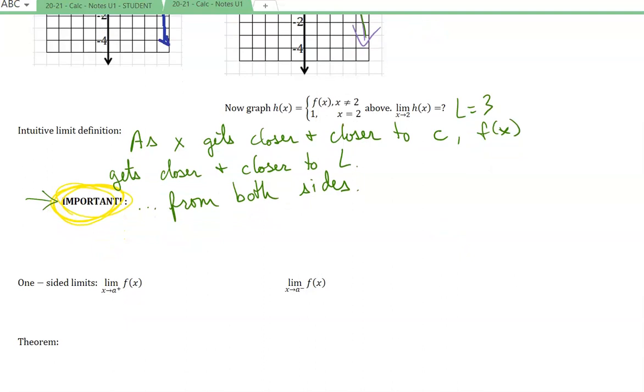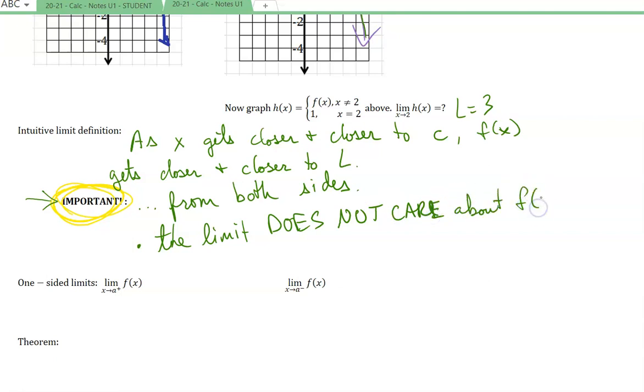And also we need to add that the limit does not care about f of c. Does not care. Can't stress that enough. It does not matter what is happening at the point.